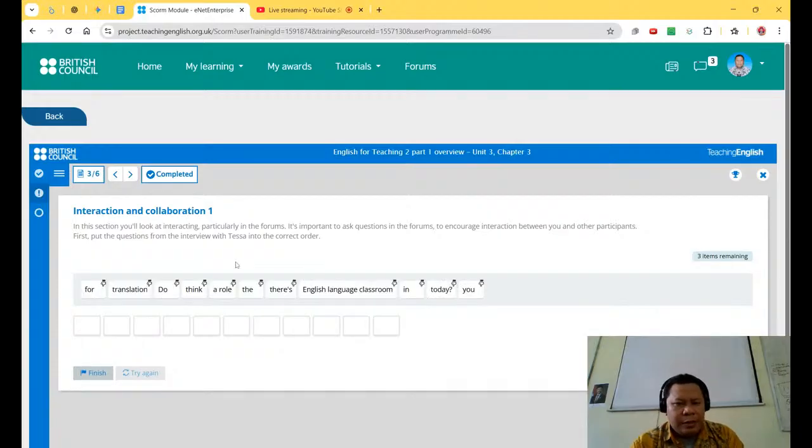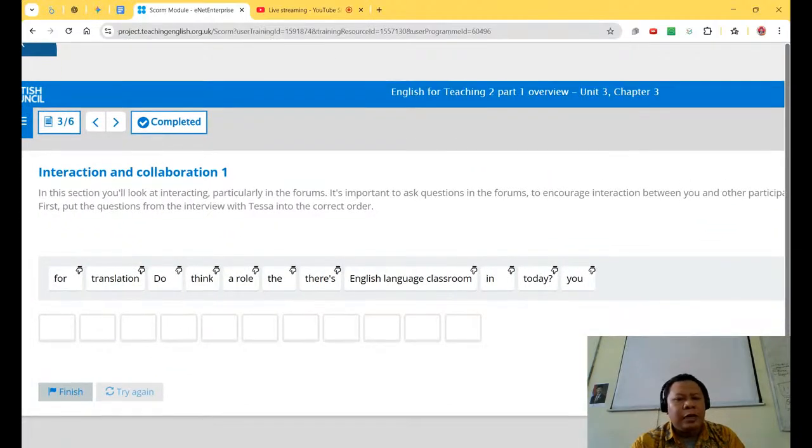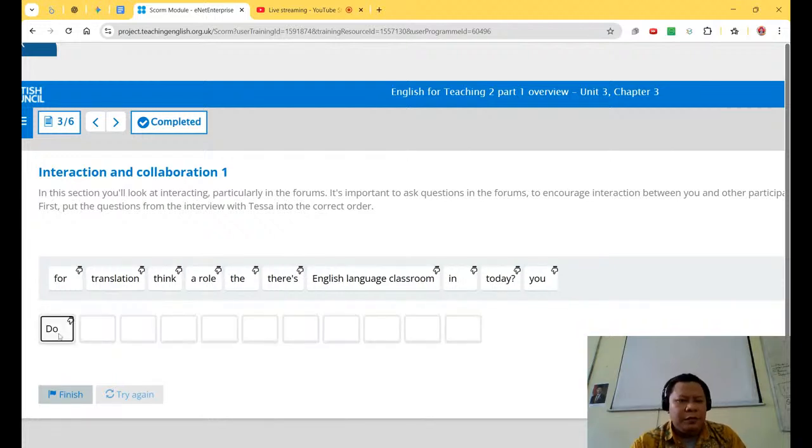Next. Okay, can you see the capital letter? Yes, it is do, because we need the question word. This is an interrogative sentence, so we need do, we need the subject you, we need the verb sing.